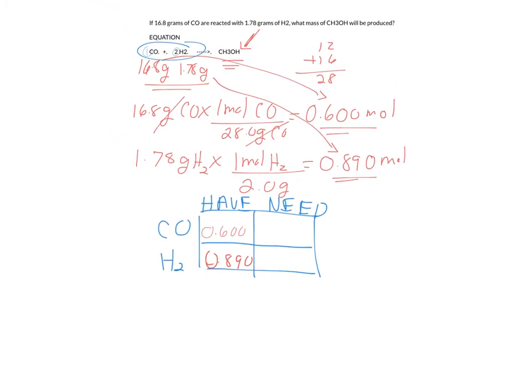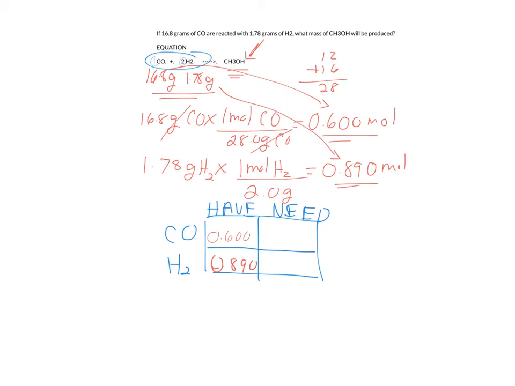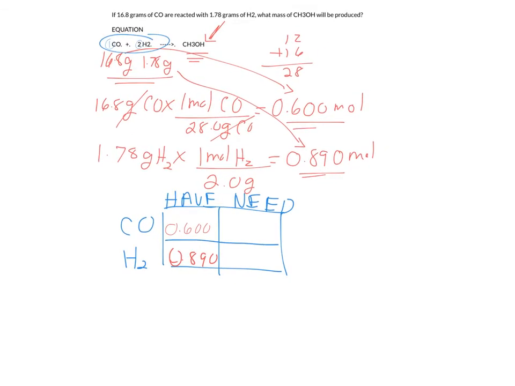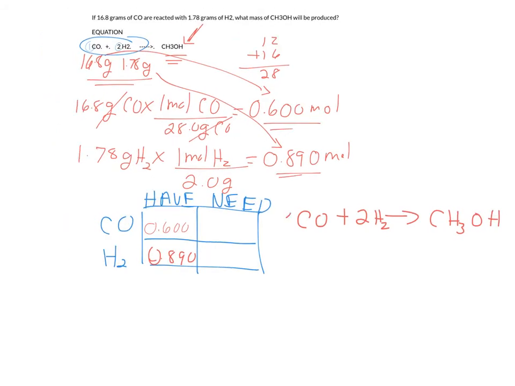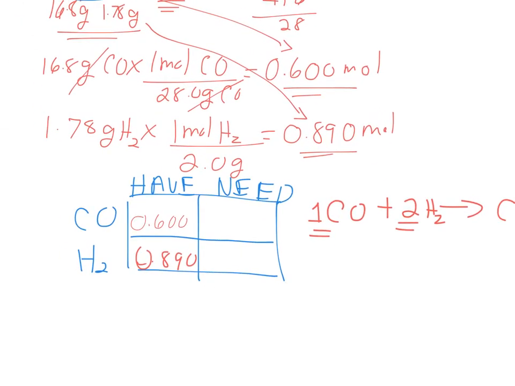Now, remember that the equation looks like this: CO plus 2H2 going to CH3OH. And this was a relationship of 1 to 2. Our job is to find out what the ratios are in this box.